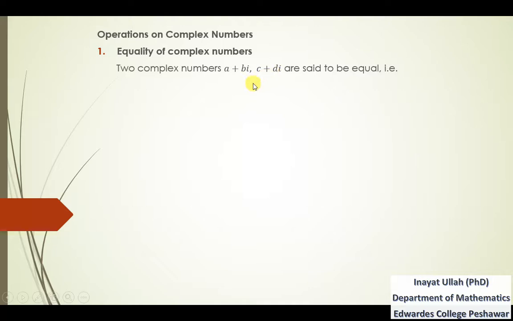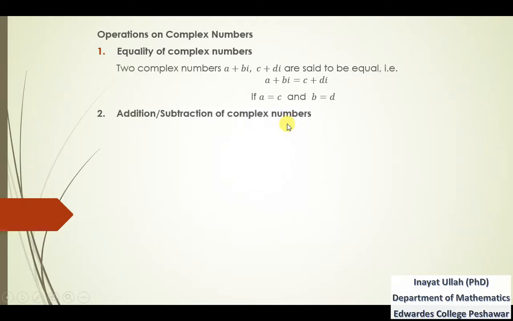These two complex numbers are said to be equal when the real parts of these two complex numbers are equal and the imaginary parts are equal. So two complex numbers are said to be equal whenever their real and imaginary parts are equal to each other.